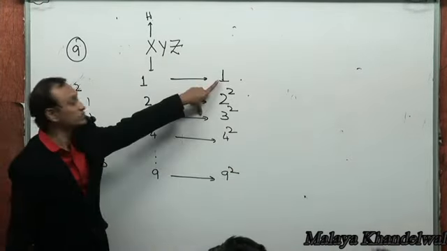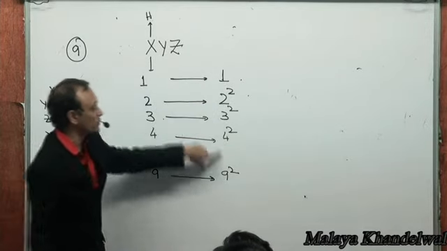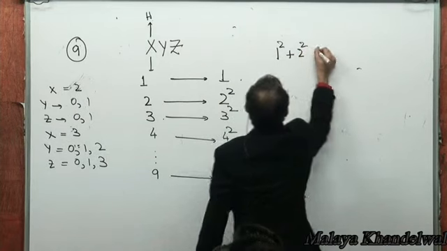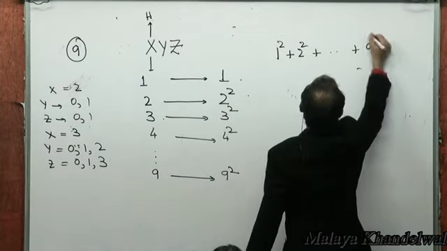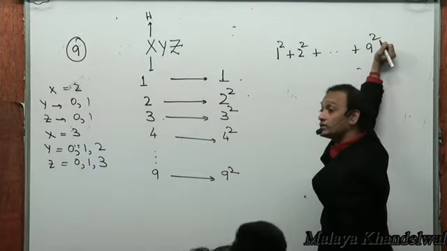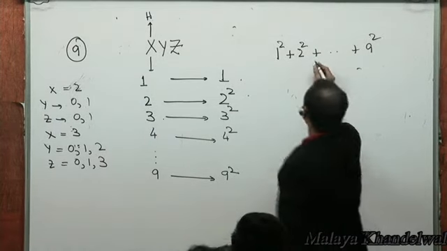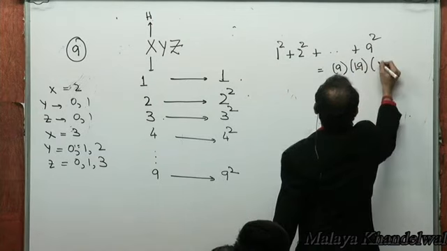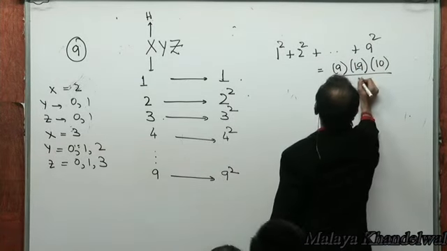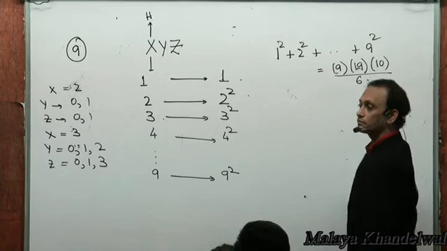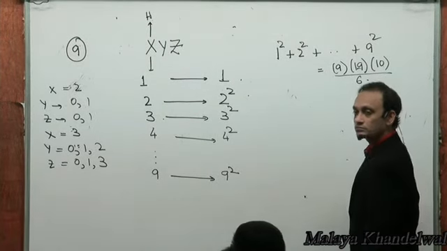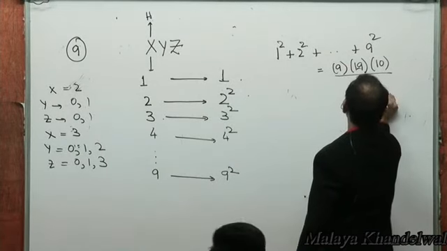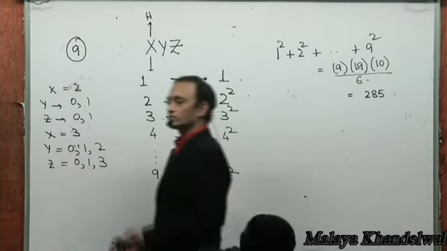So the total number of ways would be 1 squared plus 2 squared plus 3 squared plus 4 squared, up to 9 squared. That is the sum of the squares of the first 9 natural numbers, which is 9 into 10 into 19 by 6. Whatever this turns out to be. 285? 285 ways. Right?